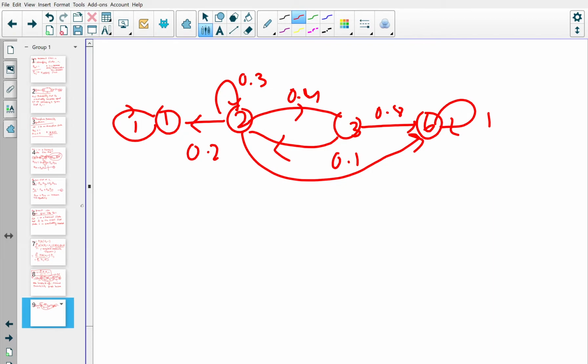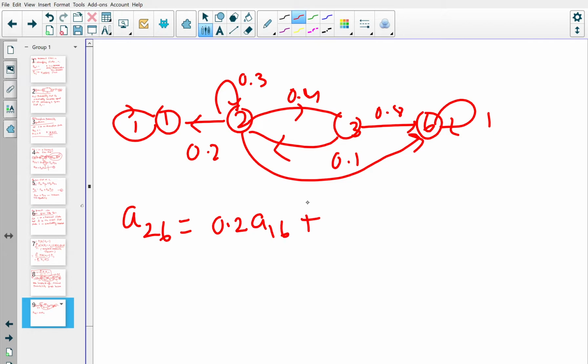So here you want to find out what is, say, A26. Now, A26: either you can go to 1 with 0.2, and the moment you are inside A, you want to know what is A16.